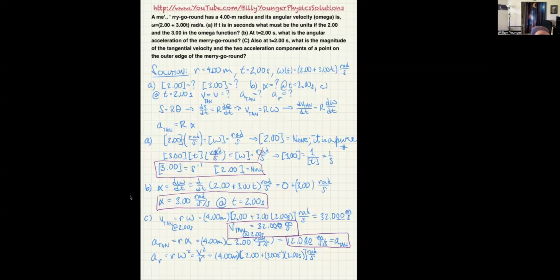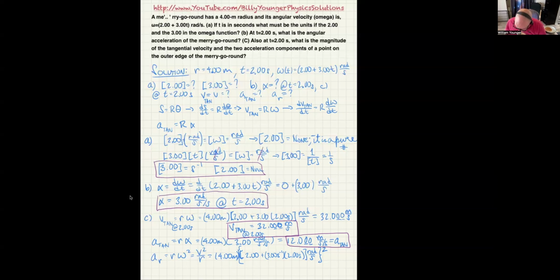or excuse me, I have to square all this. So let's do this. I'm going to put a higher level bracket right here, and that bracket is going to have everything in it squared. So when I take 3 times 2, I get the units canceling out, but it gives me 6.00 with no units plus 2.00 with no units. So that's 8.00 with no units times radians per second.